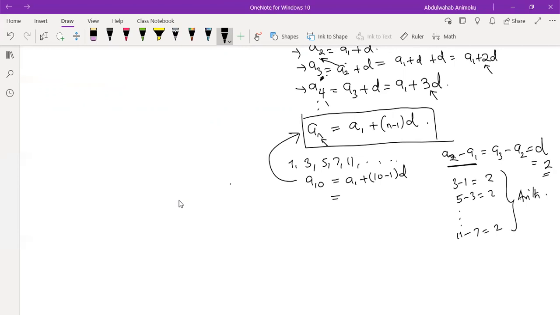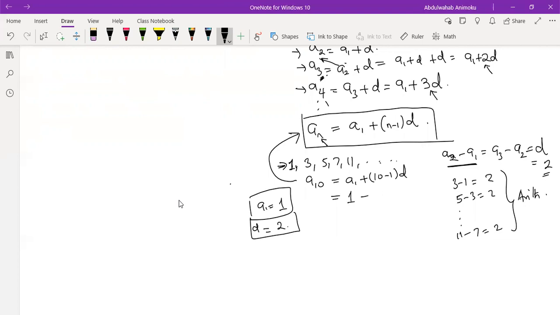So A1 is the first term. We can get it from this sequence, it is 1, okay? What is the common difference? It is going to be 2. And you can take the difference between any two successive terms to get this common difference. Now let's substitute here.